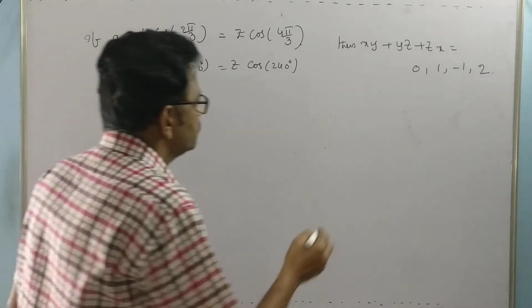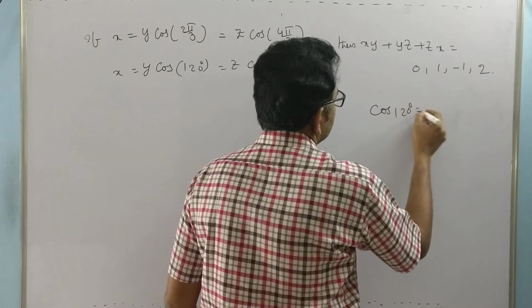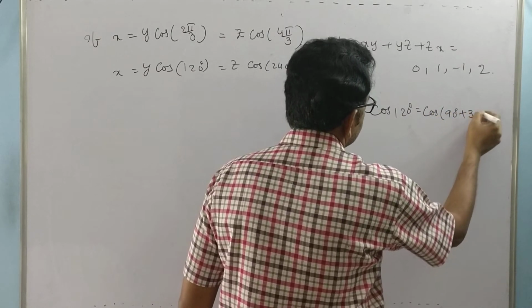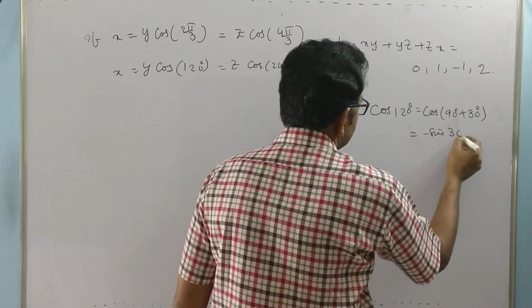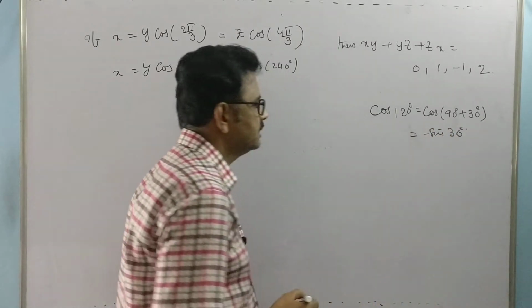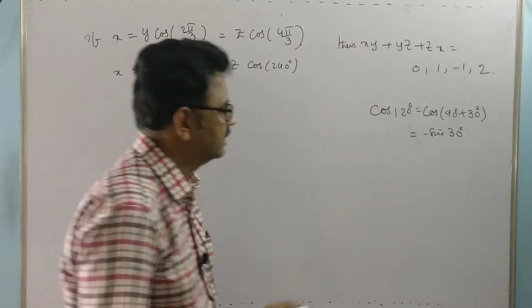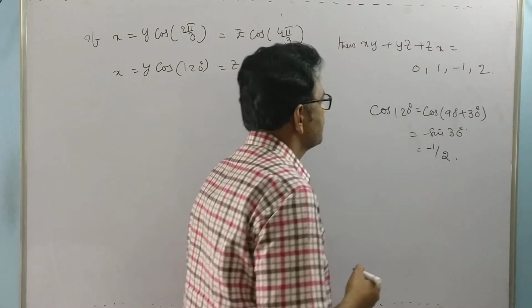Now cos 120 value: cos of 120 is cos of 90 degrees plus 30 degrees. That equals minus sin 30 degrees. 90 plus theta, second quadrant, cos is negative. So minus sin 30 degrees, that is equal to minus 1 by 2.